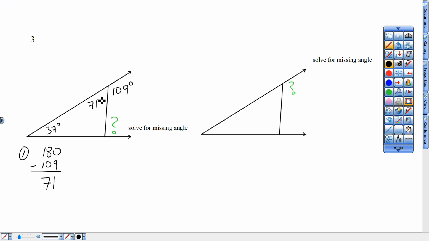And then the second step, take that 71 and that 37 and add those together, because any outside angle you always get by adding not the one right next to it, but the other two inside. Those two plussed up equal that outside angle.